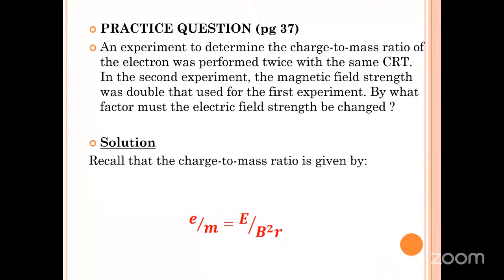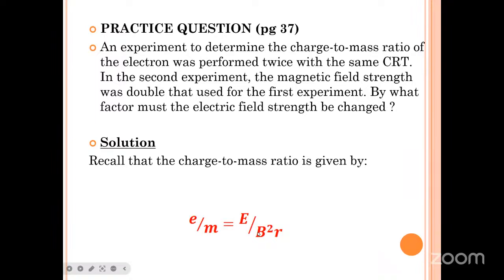So, like I was saying, this is our formula. We have not changed anything. And it says that this experiment was performed twice. So in the first experiment, they will get the charge since they are using electric field strength and magnetic field strength. In the second experiment, the magnetic field strength was changed by doubling it.